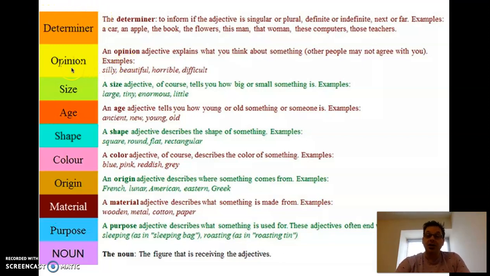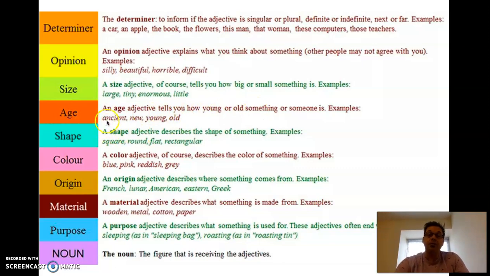We have opinion adjectives, right, that explain what you think about something or what someone thinks. Silly, beautiful, horrible, difficult. We have size adjectives. Of course, these tell us how big or small something is. Large, tiny, enormous, little, gigantic, huge. We have a lot of those. Age tells us how young or old something is.